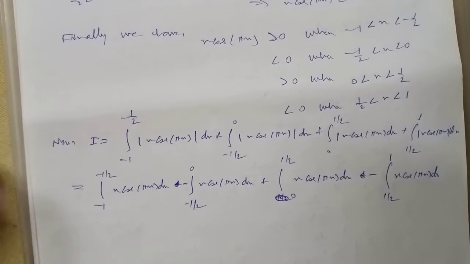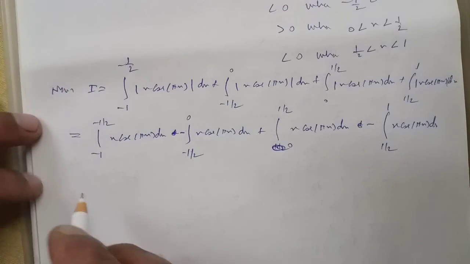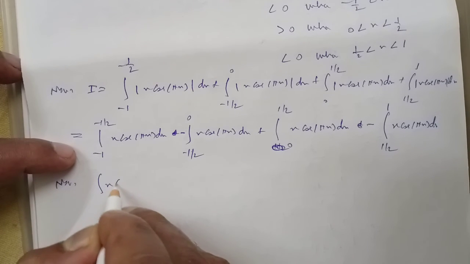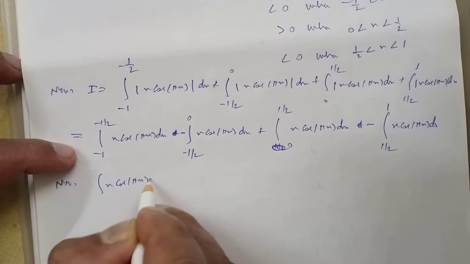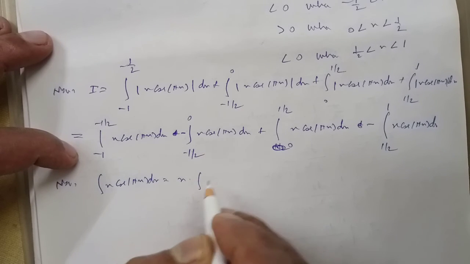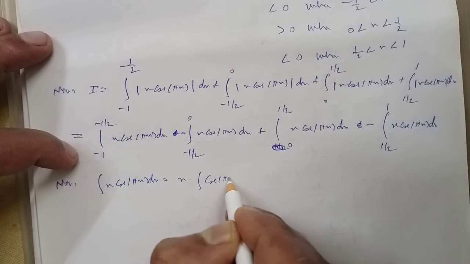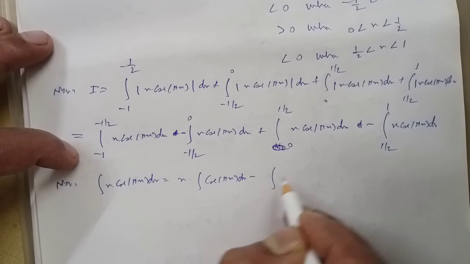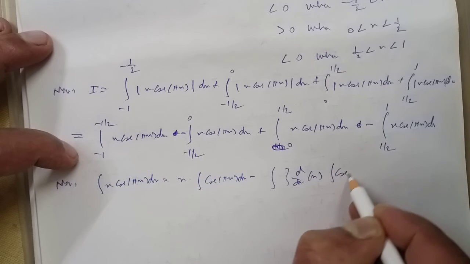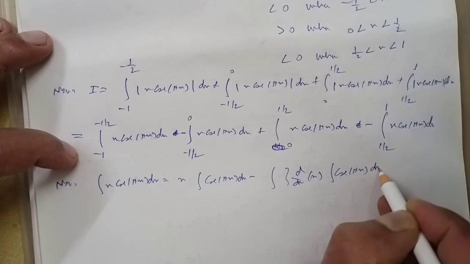Okay, now we have to do the indefinite integral. Integration x cos of pi x dx. x is our first function, so x times integration cos of pi x dx minus integration of d/dx of x times integration cos of pi x dx.